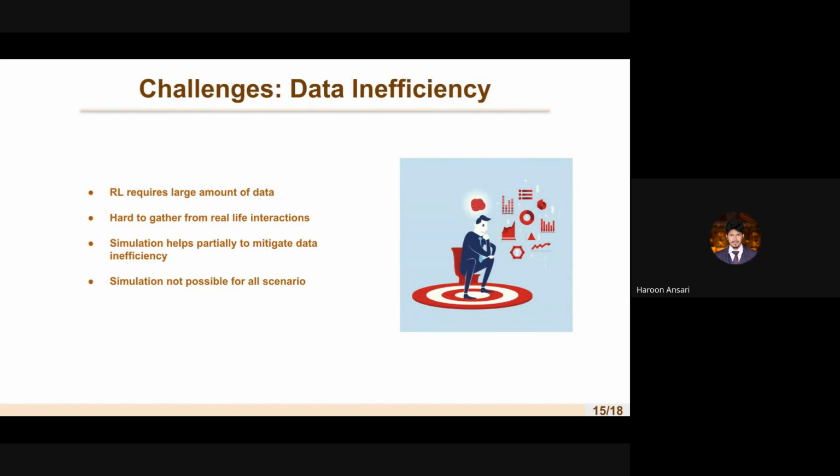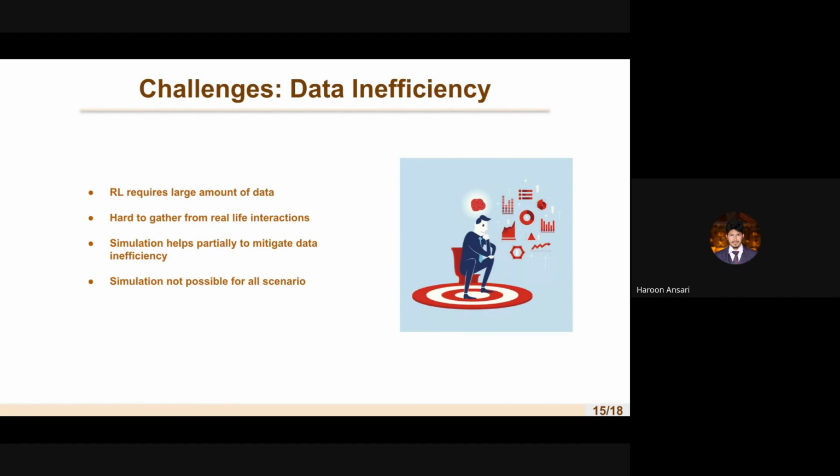Now there are some challenges associated with RL. Data inefficiency is one of them. RL mainly learns with repeated interaction with the environment, and it requires a huge amount of data. Now consider a situation where each interaction takes 1 or 2 seconds.